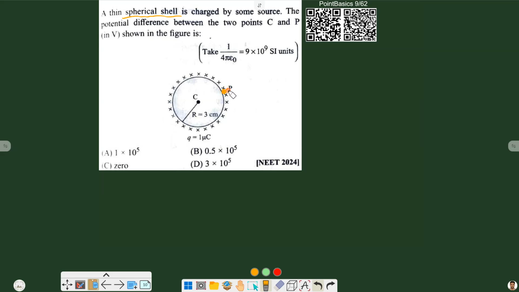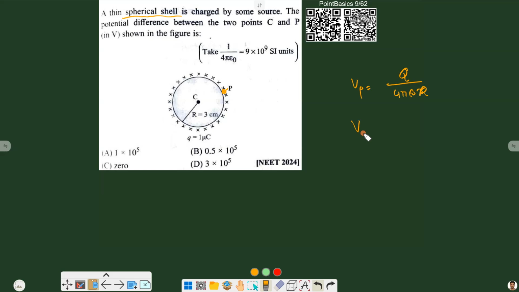So if this point is at the surface, we know from the definition of a spherical shell that its potential at the surface will be given by charge by 4 pi epsilon naught into its radius.